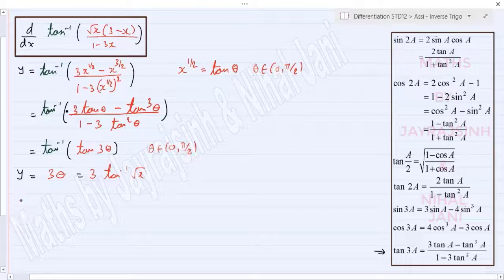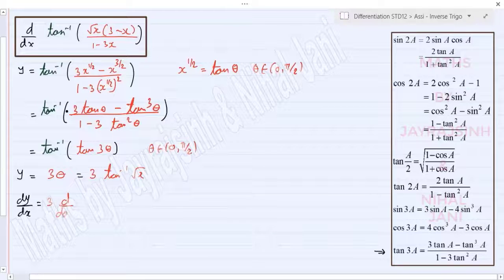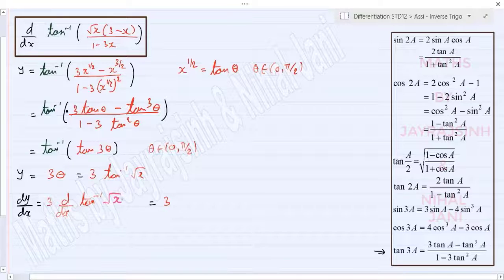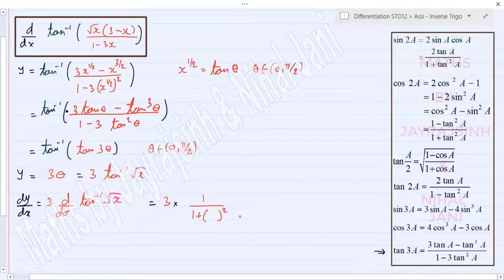But we need differentiation of y, so we don't have to worry about this 3, we just have to differentiate tan inverse of root x, which is a combination of tan inverse and root x. Tan inverse is the outer function, so let's consider a box around the root x. Your 3 will be as it is. Differentiation of tan inverse box is 1 upon 1 plus box square into d by dx of box.